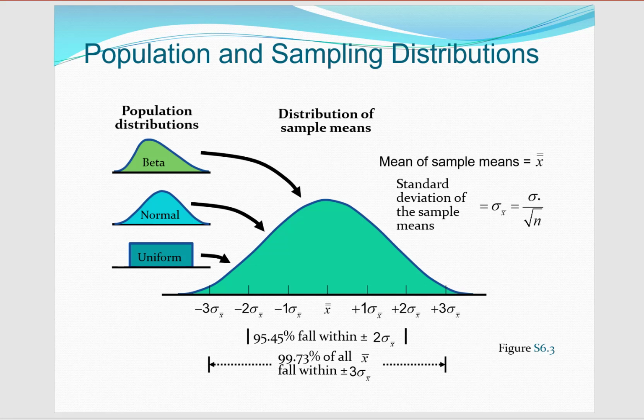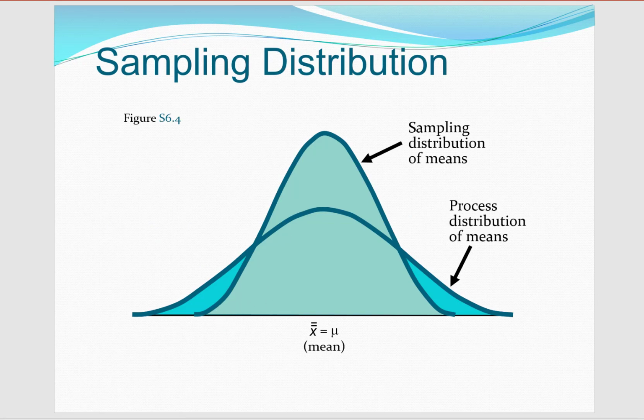So again, central limit theorem goes to the whole notion that regardless of what the population distribution is, if you were to take samples and compute the mean of those samples, those means will form a normal distribution.